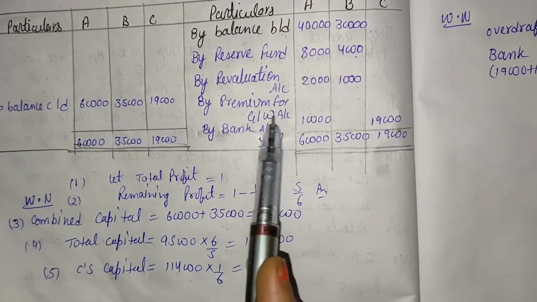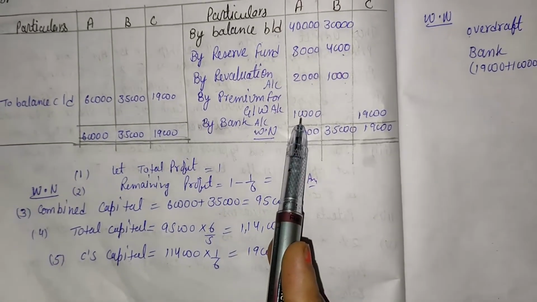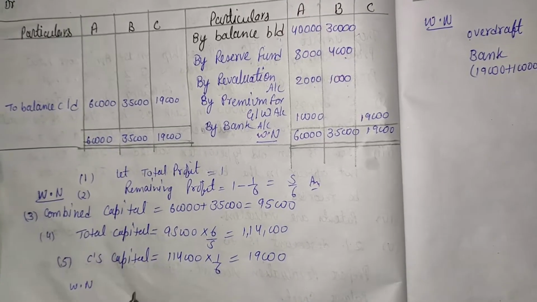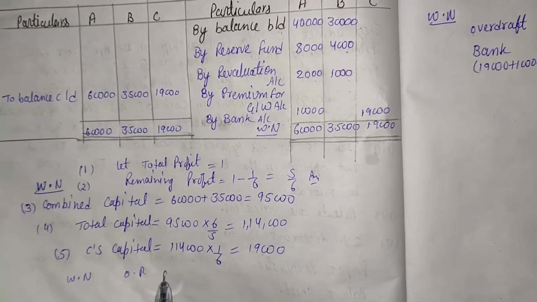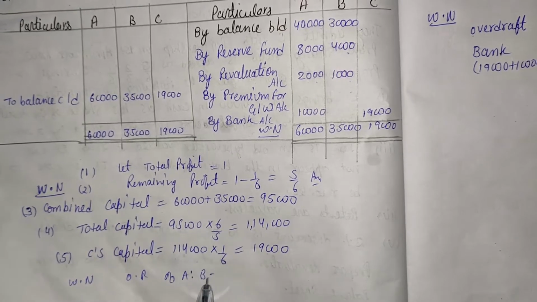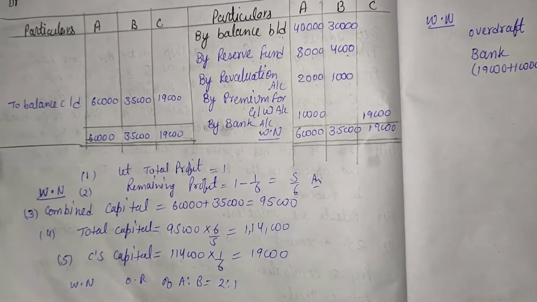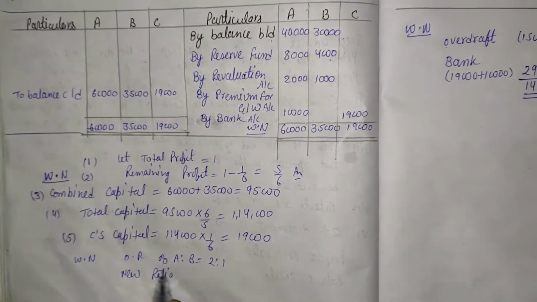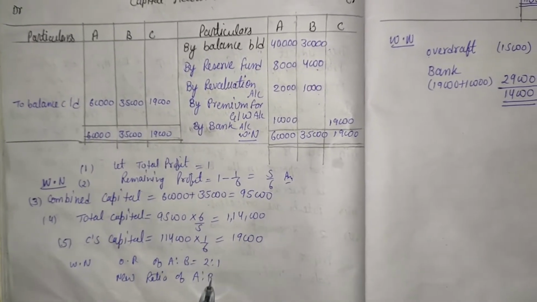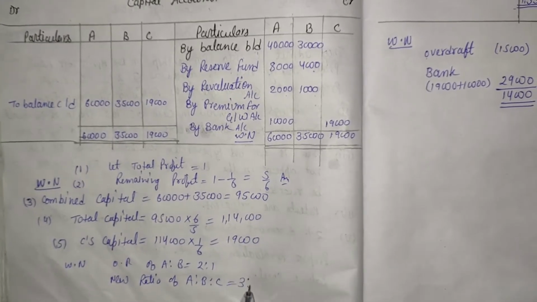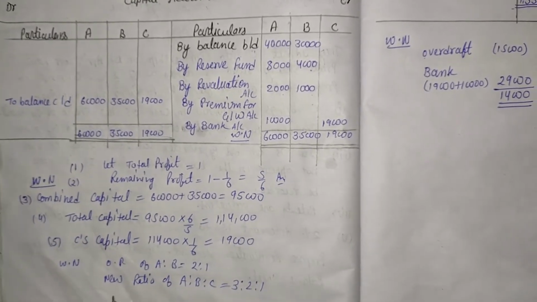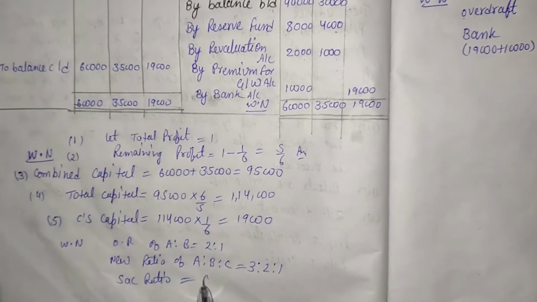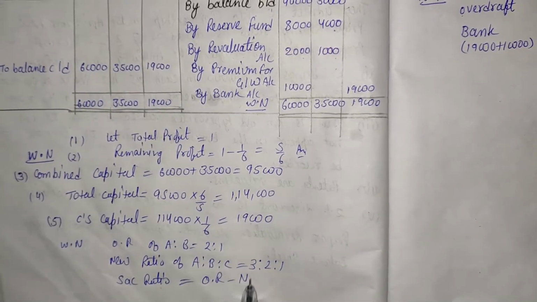Before giving the premium for goodwill, we will have to make the working note. Here in the working note, the old ratio of A and B is given, that is 2:1, and the new ratio of A, B and C is given, that is 3:2:1. So the sacrificing ratio formula is old ratio minus new ratio.